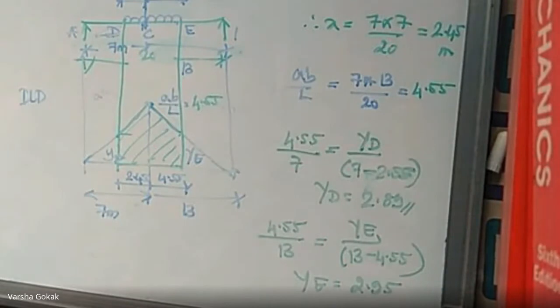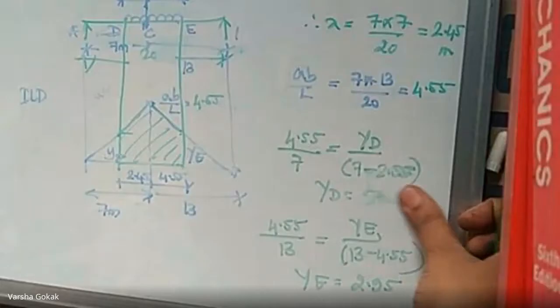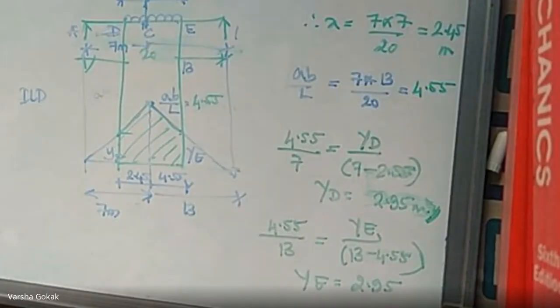Just check YD once again. What is 7 minus 2.55? 4.45. Correct. YD is also 2.95. Both will be 2.95, right?